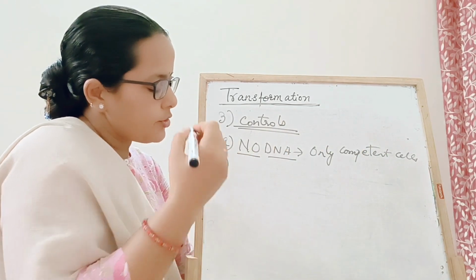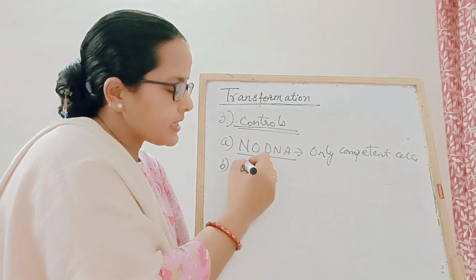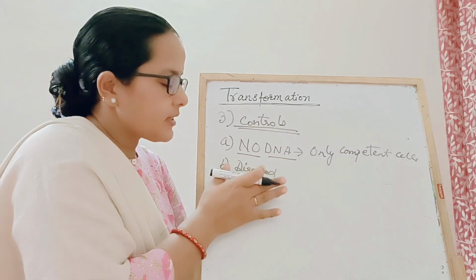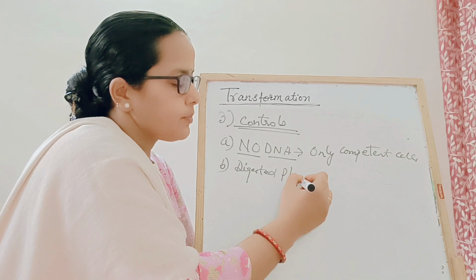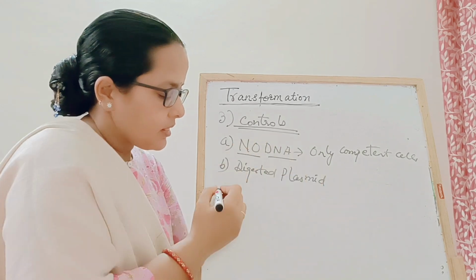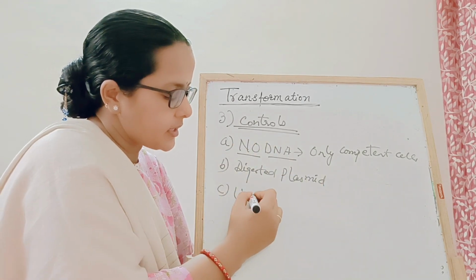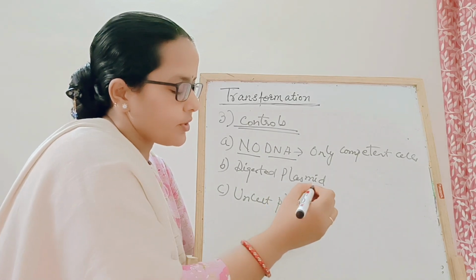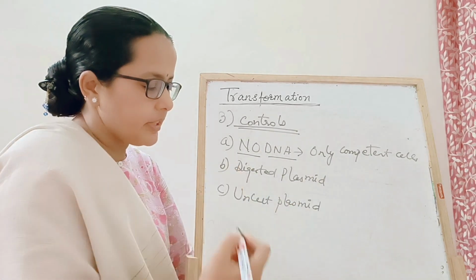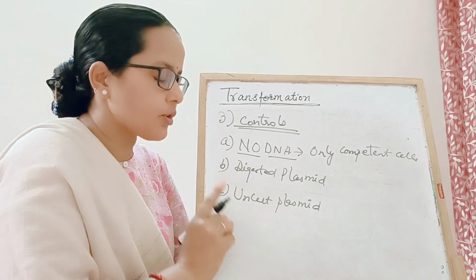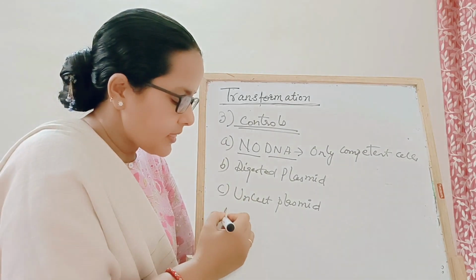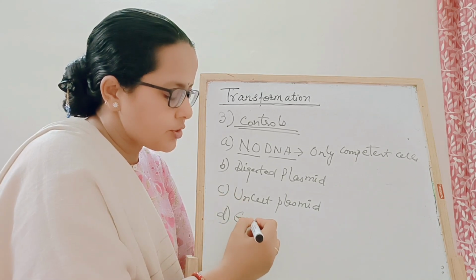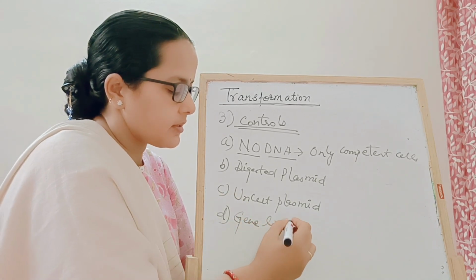Then you should have digested plasmid, the plasmid which you prepared for the ligation; the digested plasmid should be one of your controls. The third one is uncut plasmid. The plasmid which you want to transform, the uncut form should be there, and you should know the quantity or concentration. And then the fourth one is not a control but your gene-ligated plasmid.